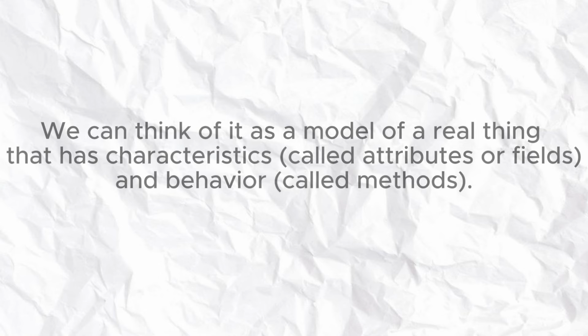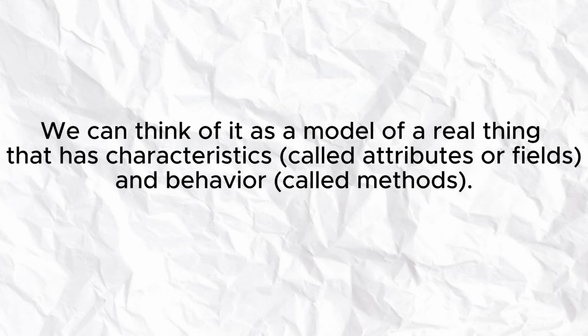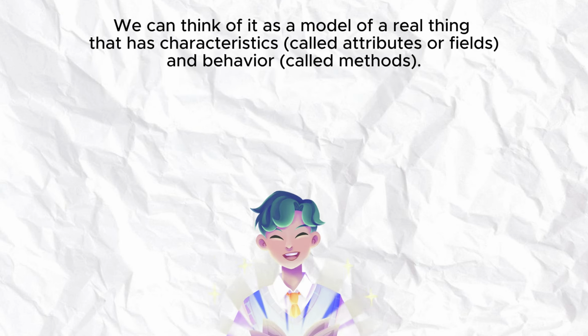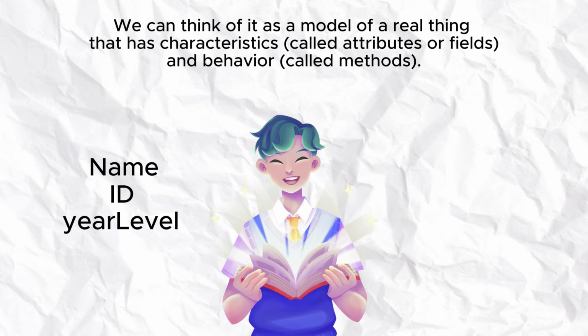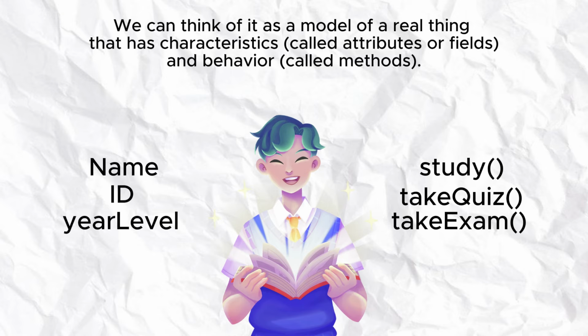We can think of it as a model of a real thing that has characteristics that we call attributes or fields, and behaviors called methods. For example, a student object can have characteristics or data like name, ID, year level, and behaviors like study, take quiz, and take exam.